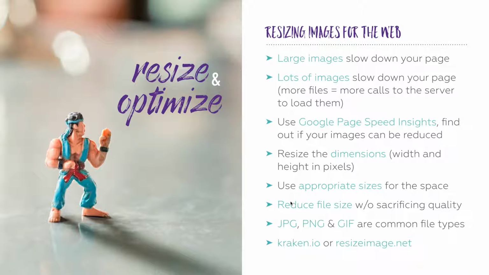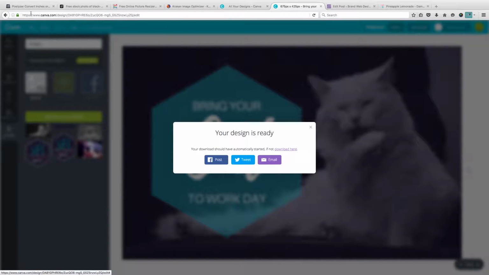So if you've ever tried to print a picture off a website, it's probably why it didn't look too great when you printed it out. Basically what it's doing is trying to stretch those pixels over a larger size. Everything kind of gets distorted and doesn't look quite as nice. We don't have to worry about that so much on websites though.